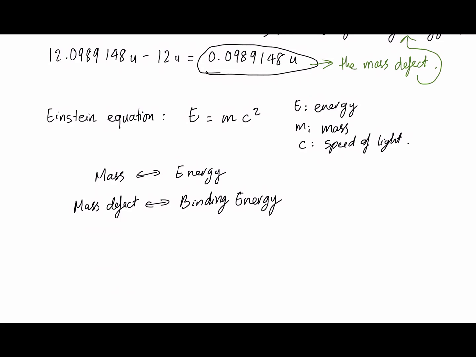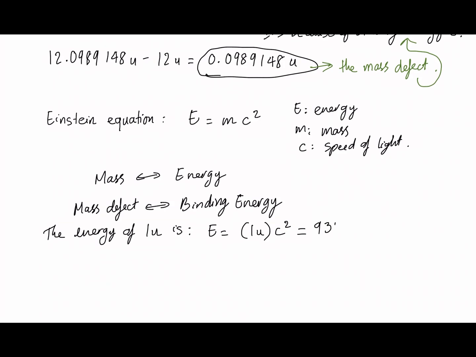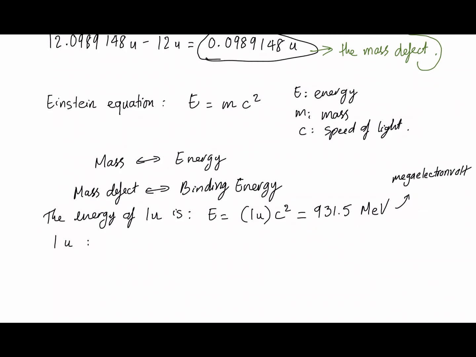So E equals mc squared. Now say you have your mass equal to 1 atomic mass unit, 1 U times c squared. Now if you look up the speed of light and do the unit conversion, you will get a result of 931.5 mega electron volts. So 1 U is worth 931.5 mega electron volts of energy.